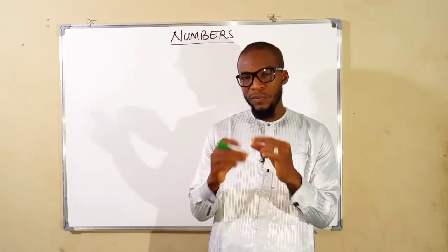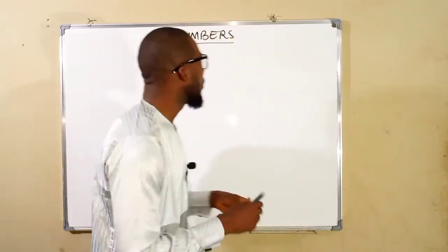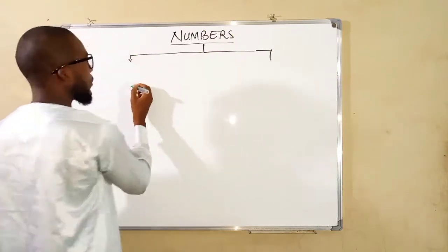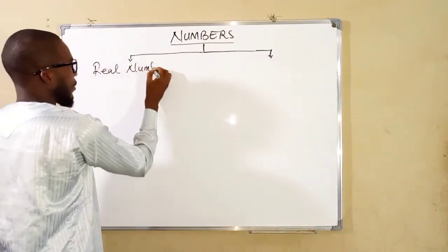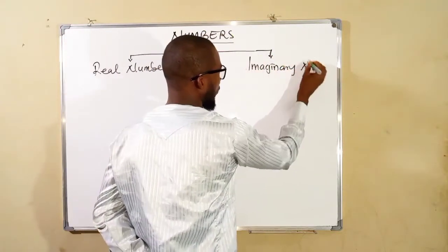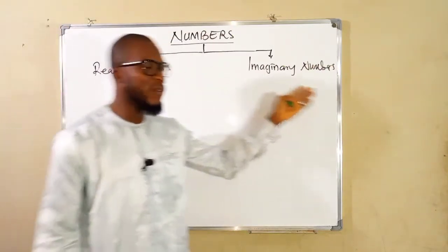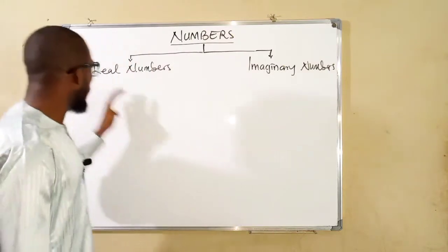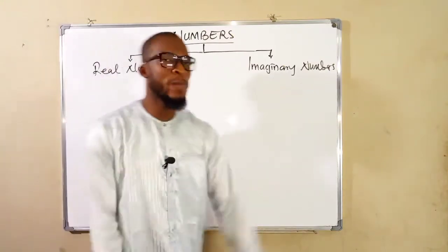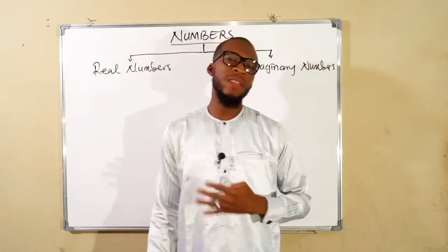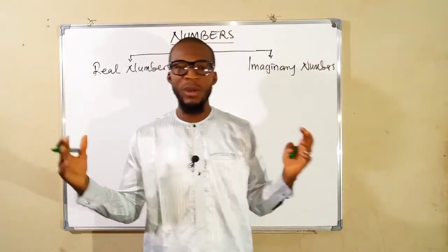So the first group of numbers I want to talk about are real numbers and imaginary numbers. Let me first of all talk about real numbers before going to imaginary numbers. Think of any number in this world, any number.